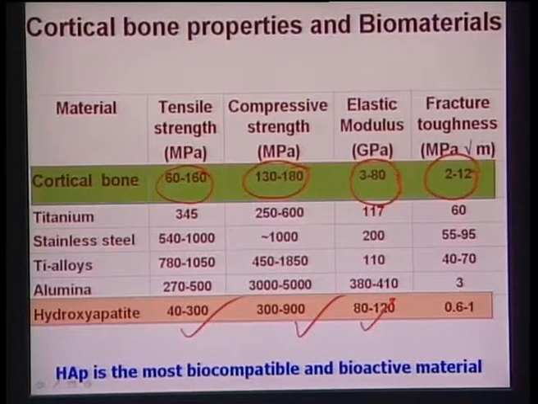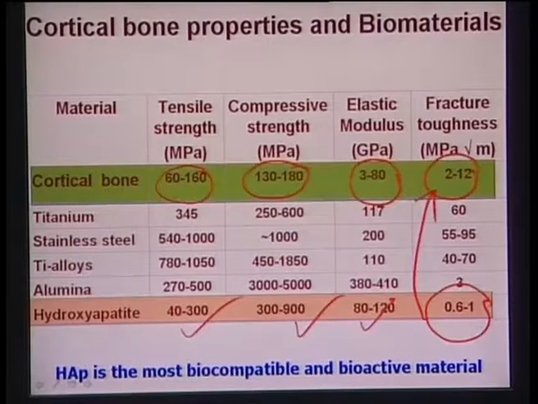However, if you look at the fracture toughness of cortical bone and that of hydroxyapatite, the fracture toughness of hydroxyapatite does not even touch the lower bound toughness of cortical bone. That was the point to be noted here, and I am putting so much emphasis on hydroxyapatite because it is the major inorganic component of natural bone.